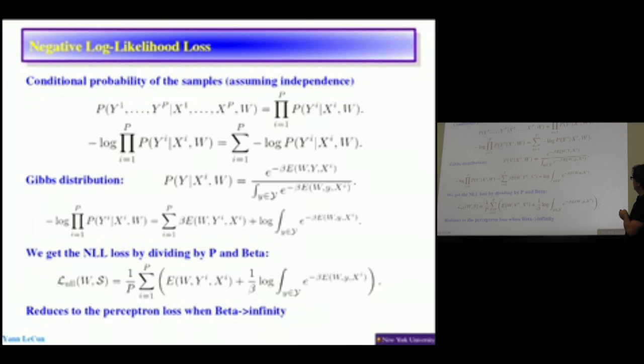So then we get negative log of exponential minus beta blah blah, minus negative log of sum over y of e to the minus beta blah blah, right? The log and the exponential cancel, and the minus and this minus cancel, so we're left with beta times the energy of the correct answer. We get this.